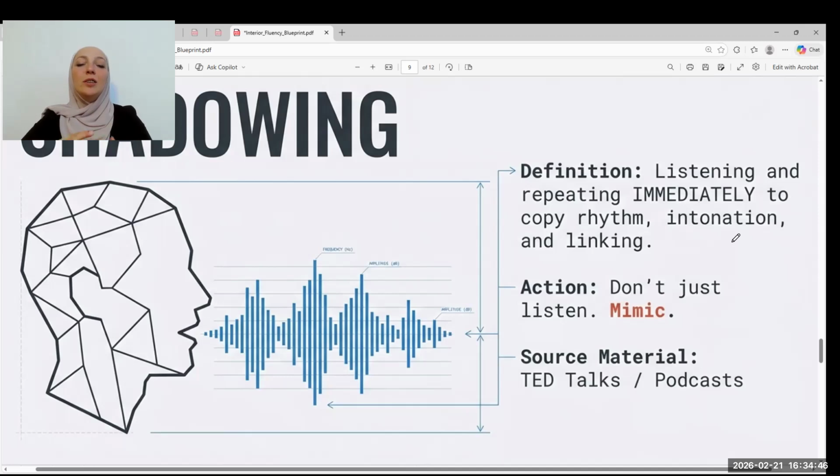So this is a great technique so you guys can enhance the speaking skill as well as the listening skill. As I told you before, listening actually raises the speaking skill by about 50%. So, as much as you listen, as much as you can enhance the speaking skill. For the action, don't just listen, mimic. قلد. يعني إذا أنا عم بحكي shadowing, try to repeat after me or do it with me.